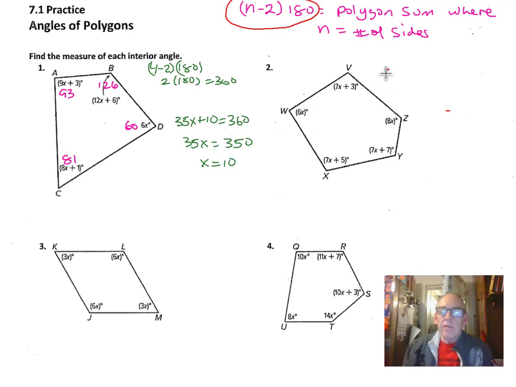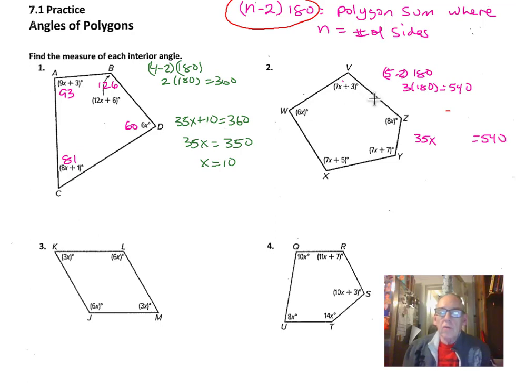So 5 take away 2 times 180 is 3 times 180, which is 540. So these all need to sum up to 540. We have x's: 7, 15, 22, 29, 35 x's.